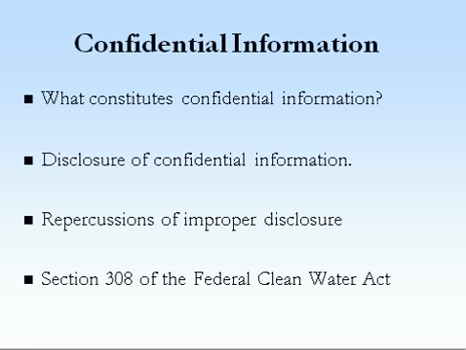Confidential information. If an industry asks that you keep some of the information confidential, they can claim things such as trade secrets or something that gives them some type of advantage over their competitors. They can claim that as confidential. Other things, especially effluent data, cannot be considered confidential.